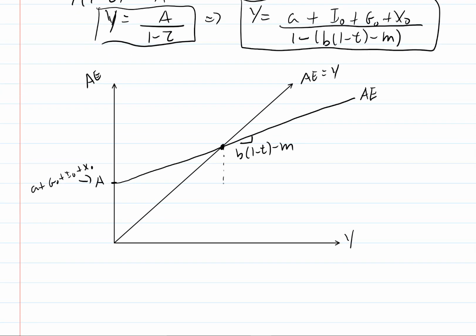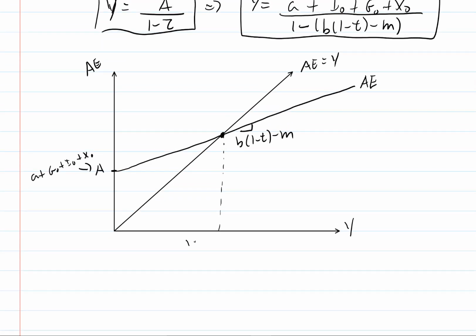So if we just tick down here, we just figured out that it's Y star equals A plus I0 plus G0 plus X0 over 1 minus B(1 minus T minus M). So now we've learned how to solve this slightly more complicated model with foreign trade and government expenditure and taxation, as well as learning how that translates to a graph.